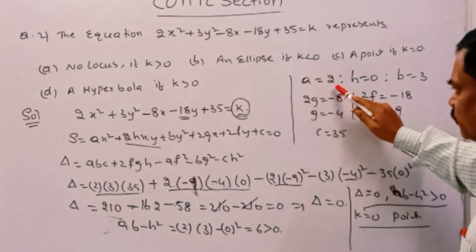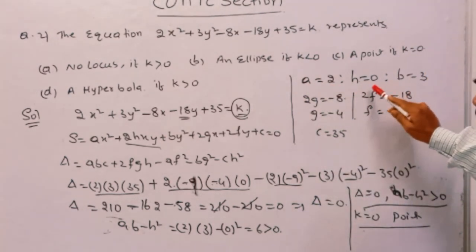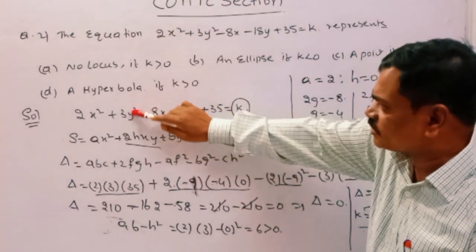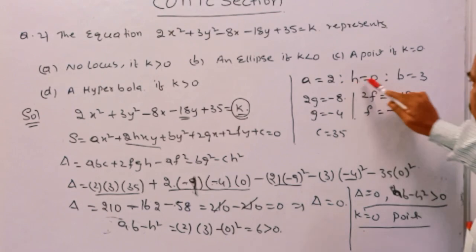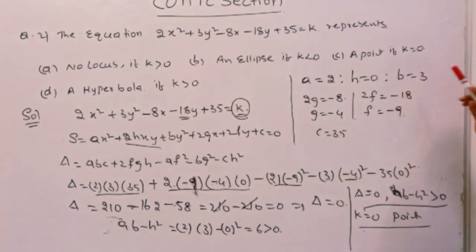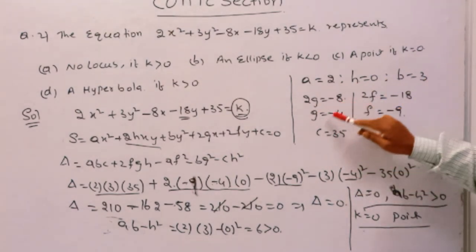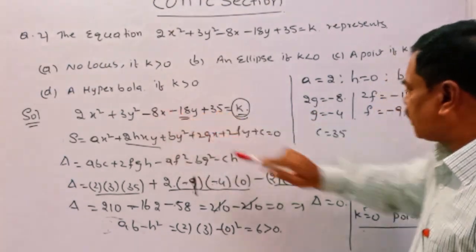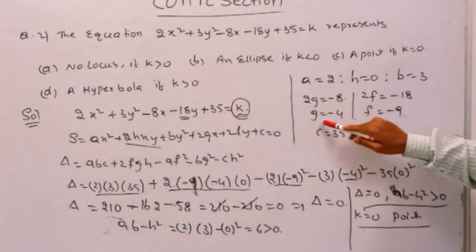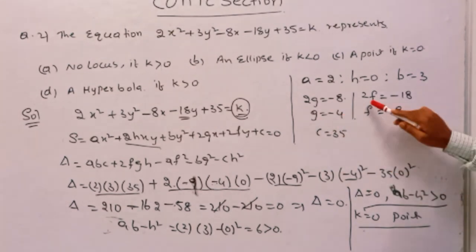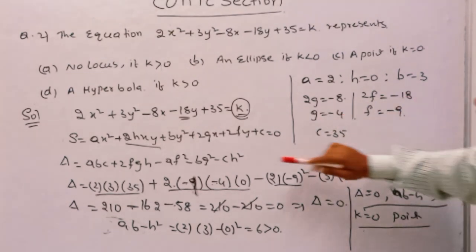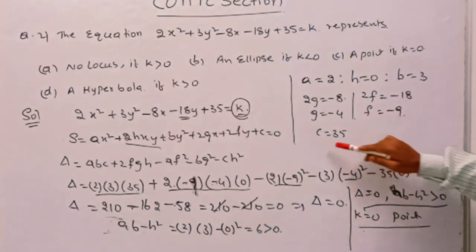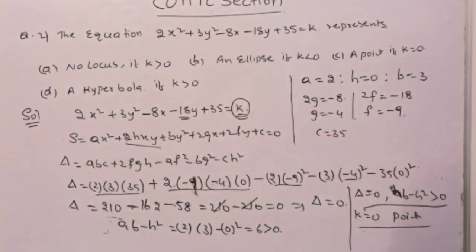Then a = 2 and h = 0, since there is no xy coefficient. b = 3. 2g = −8, so g = −4. 2f = −18, so f = −9. c = 35.